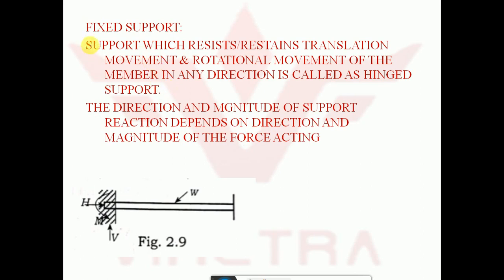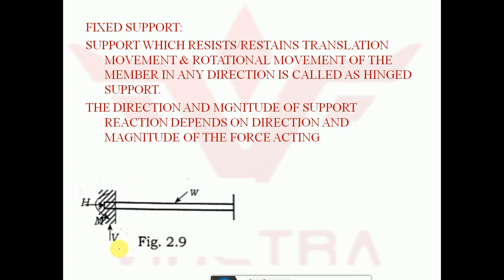Next, let us go for fixed support. In this support, all kinds of motions are restrained. That is, all the translational motions and all the rotational motions are restrained in all directions; this is called a fixed support.